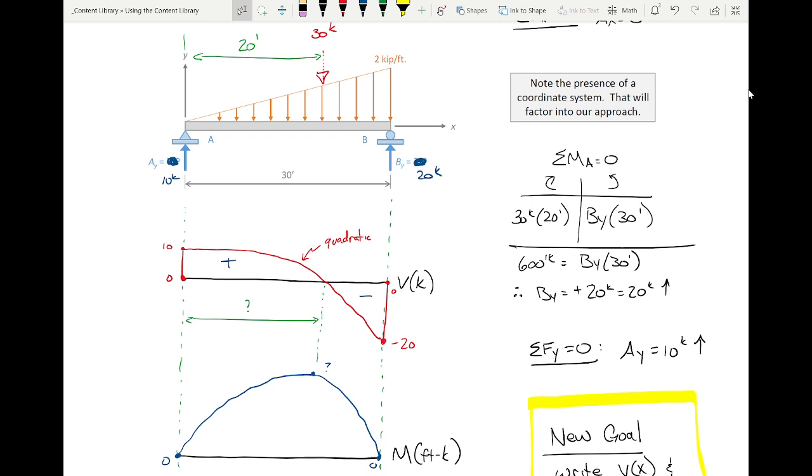But would you agree that at x equals 0, would you agree with that? Make sense? Just keep that in the back of your head. Okay.